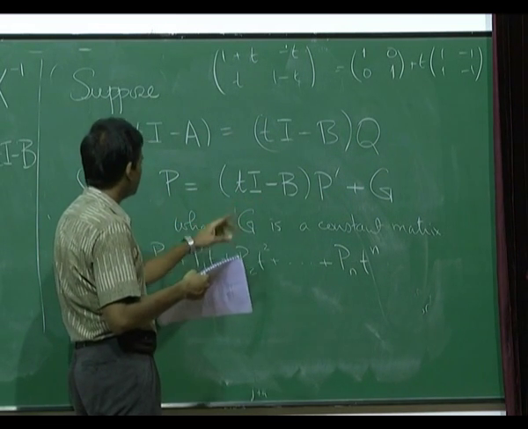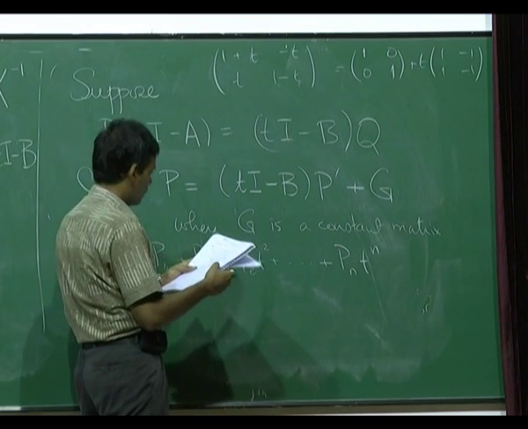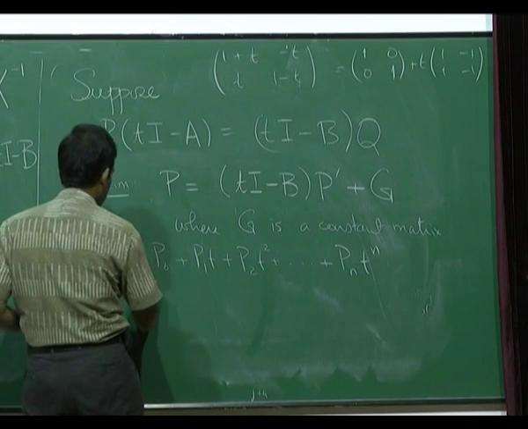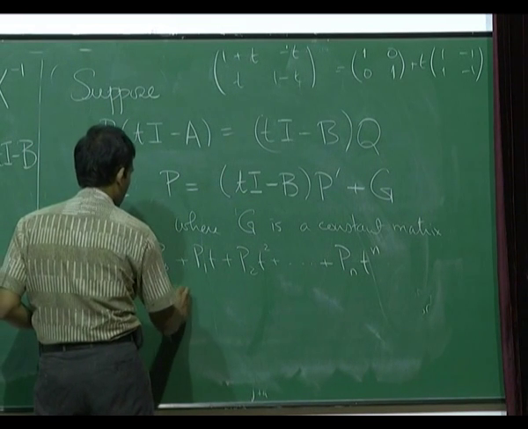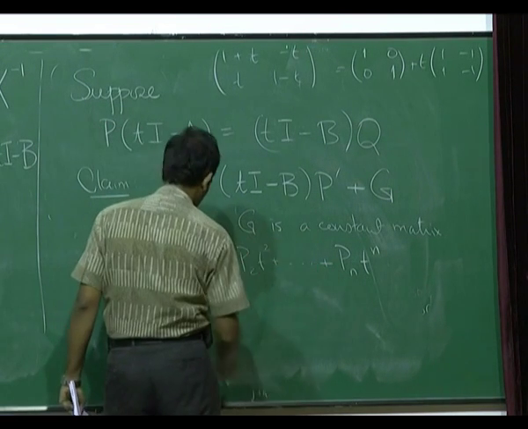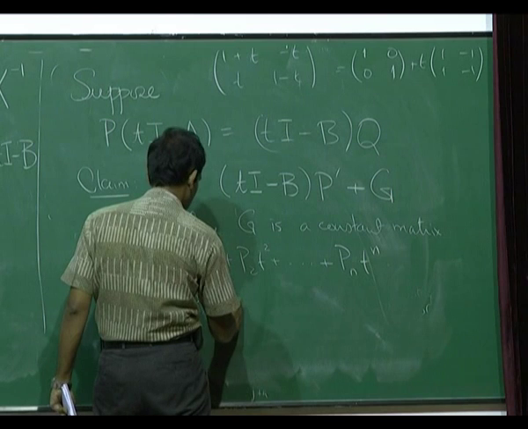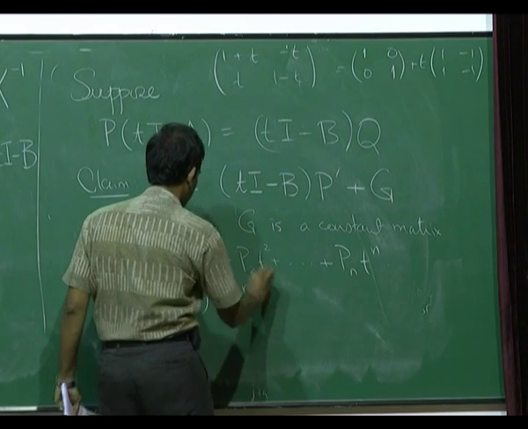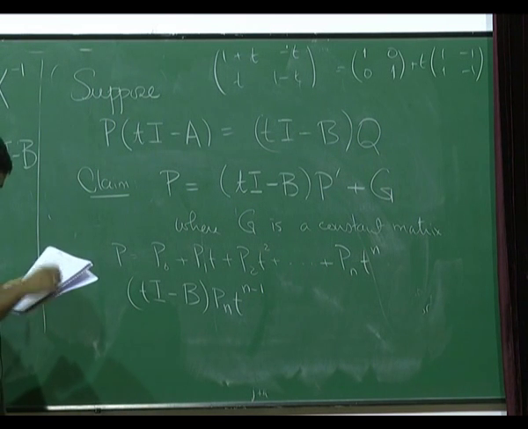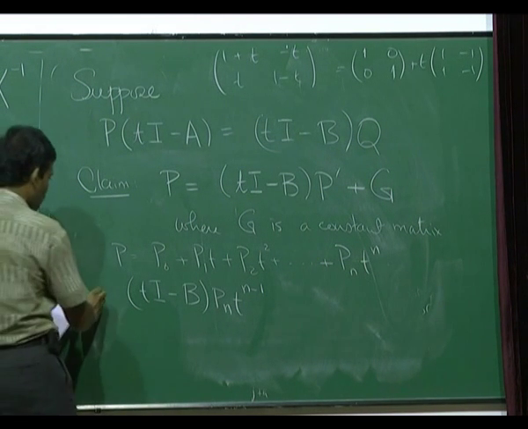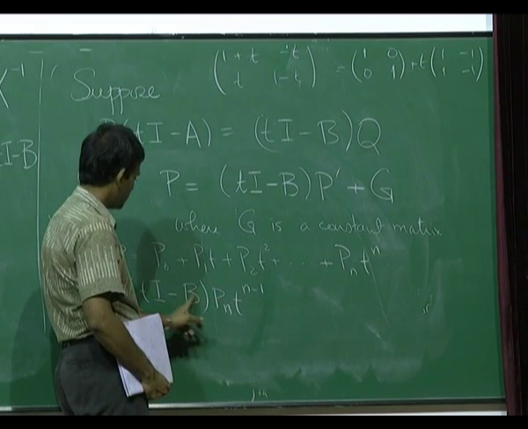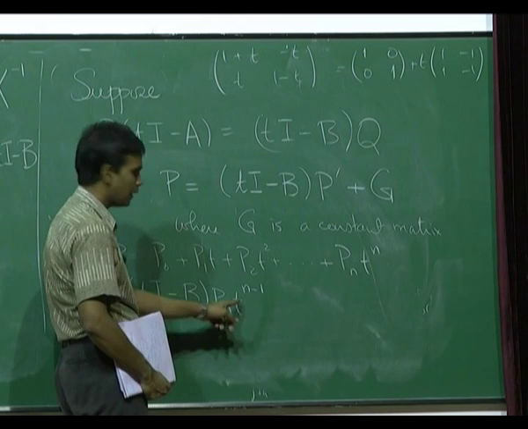The idea is similar. You try to use long division. So you take tI minus B, and what should I multiply it by to cancel out the leading term? I'll take P_n t to the power n minus 1. So this is equal to, now I got the leading term, but I have introduced some mistake, this minus B P_n t.